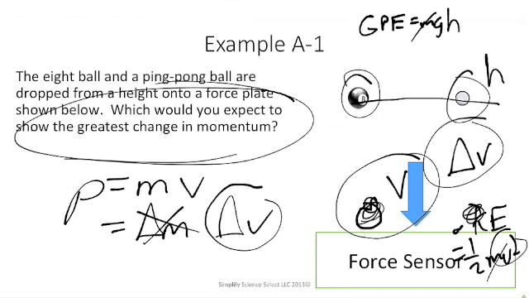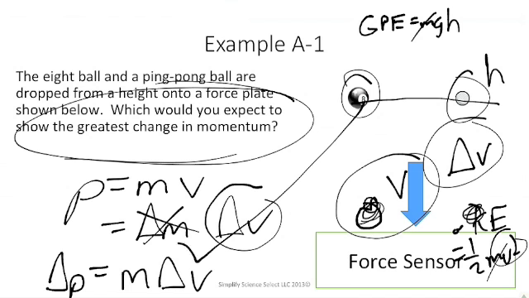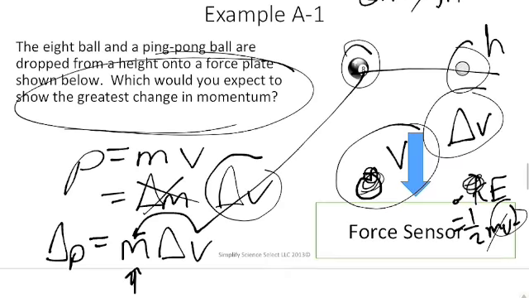You can say that the change in momentum is equal to the mass times the change in velocity. So the 8-ball is going to have a larger mass than the ping pong ball. So because of its larger mass, it's going to have a greater change in momentum, even though the velocity change is the same.